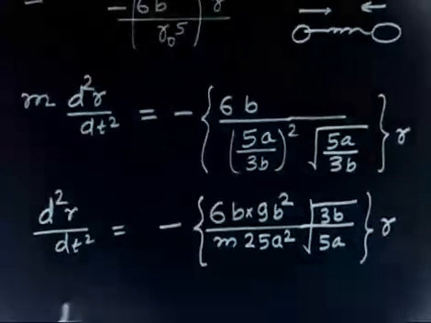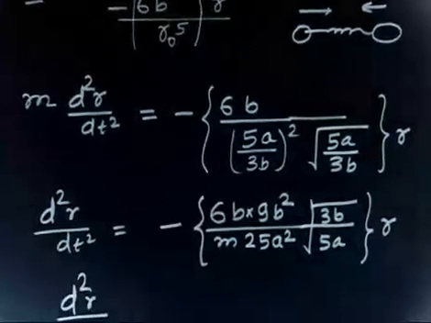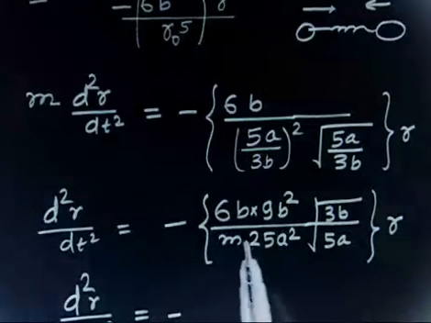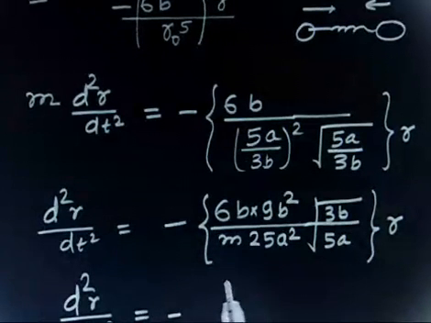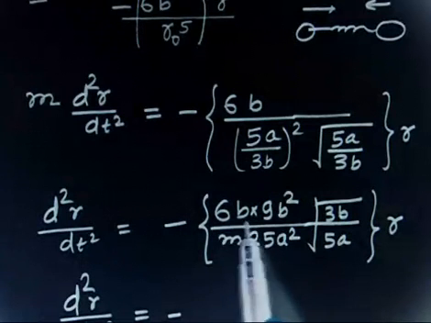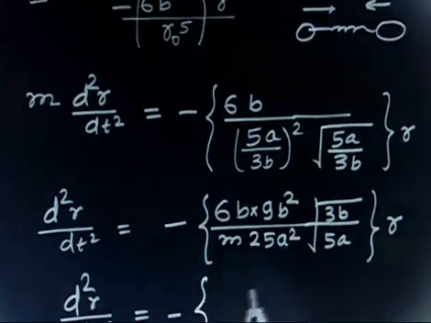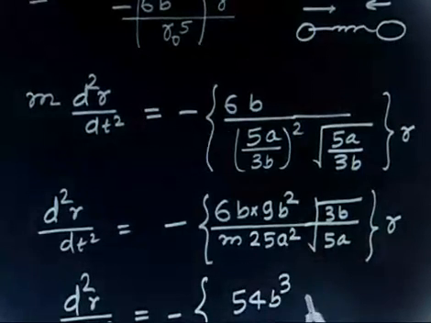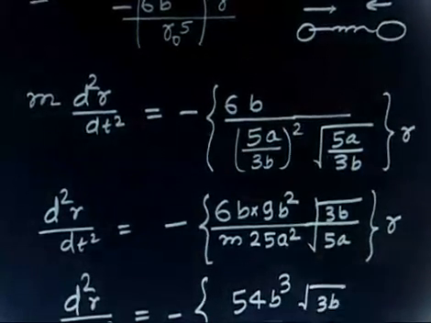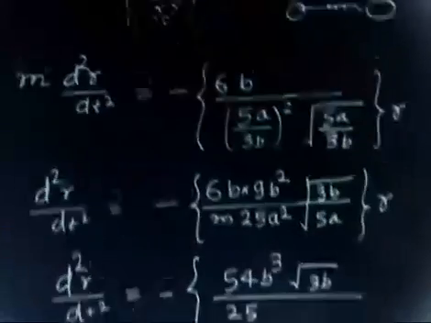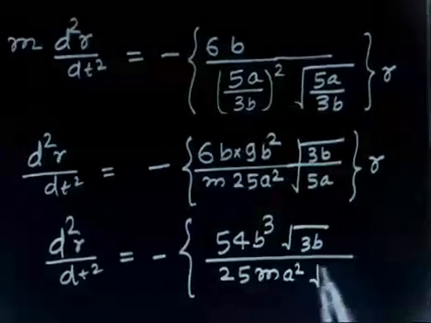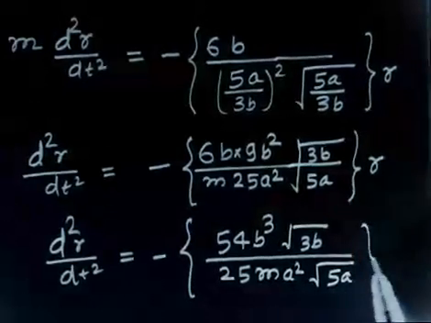Are you getting? So you will have d2r by dt square equals minus, and there is a term 9 into 6, that is 54 b cube, into 3b under root 3b divided by 25 m a square under root 5a, into r.